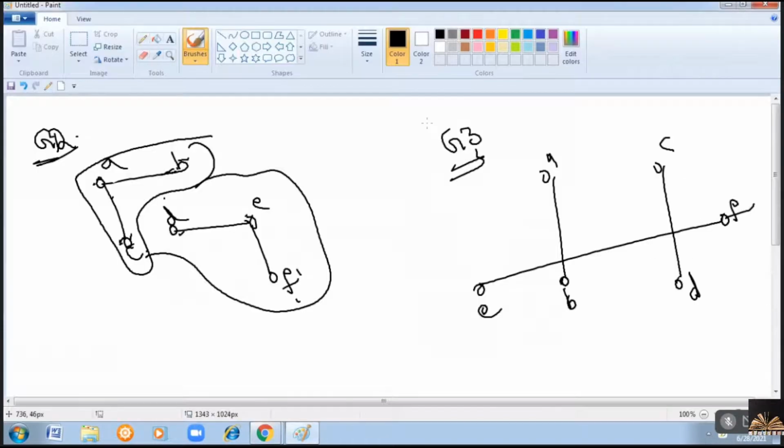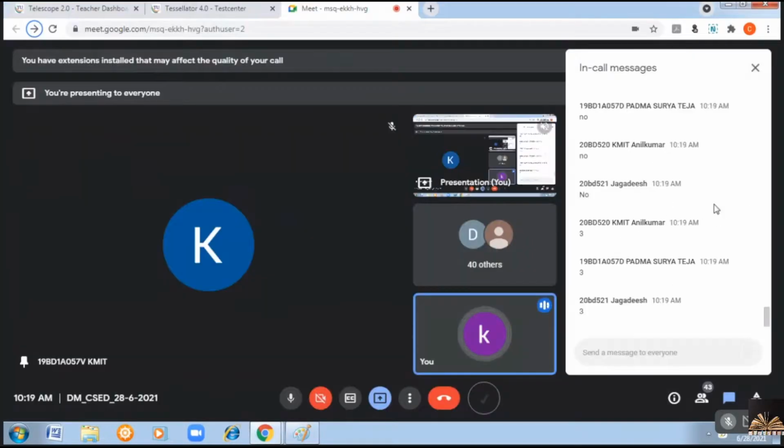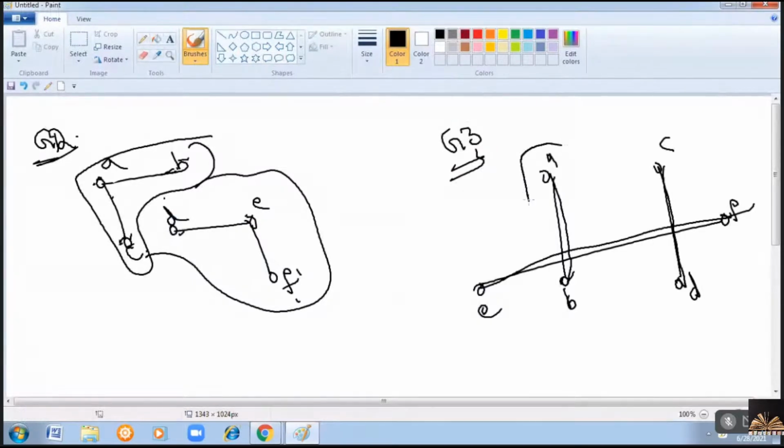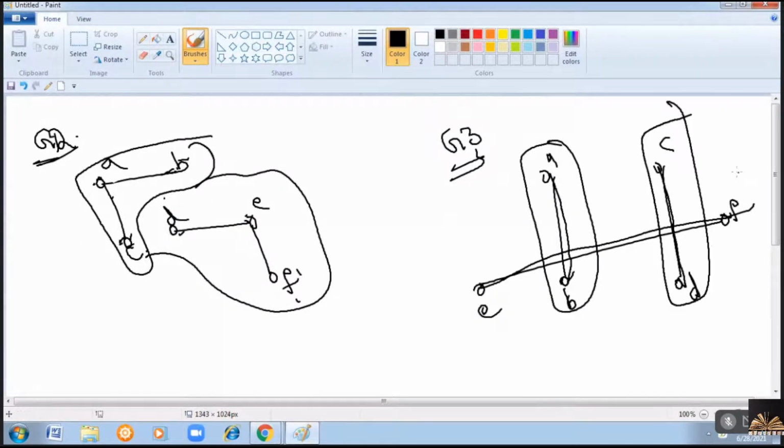Here it is not connected because from A you can reach only B, from C you can reach only D, and from E you can reach only F. So it is a disconnected graph. How many connected components were there? Yes, three. A to B is one connected component, C to D is another, and E to F is another connected component.